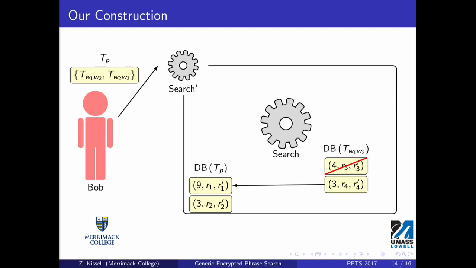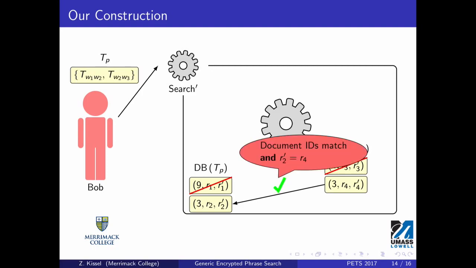We then look at 3. This is the last element of the last token. So when we compare 3 to 9, 9 doesn't occur, so we get rid of 9. It can't occur in the phrase. We then look at 3. The document IDs match, and we'll also say that the location information matches, specifically R2 prime matches R4.